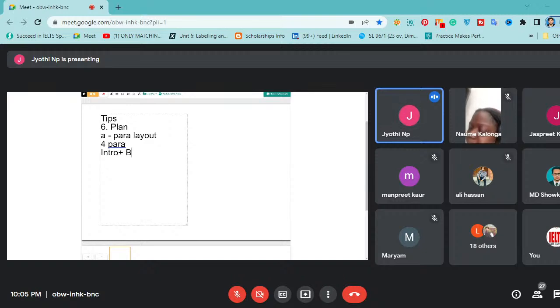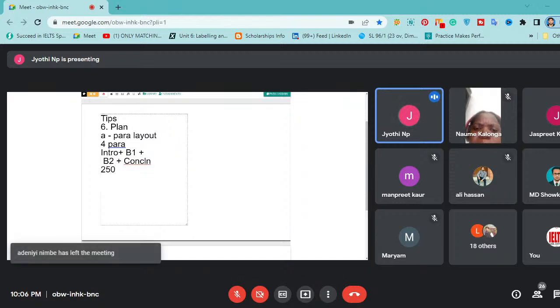Then body 1, body 2, and conclusion. So here you have four paragraphs, a four paragraph layout. Now when you're writing a 4 paragraph layout, and we need 250 words, how are we going to get the 250 words?